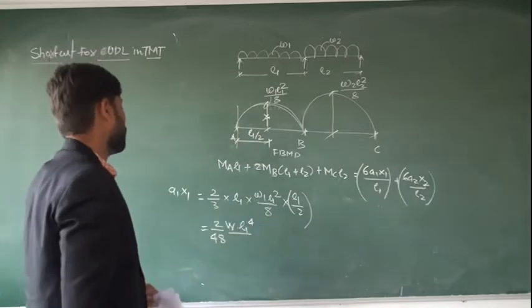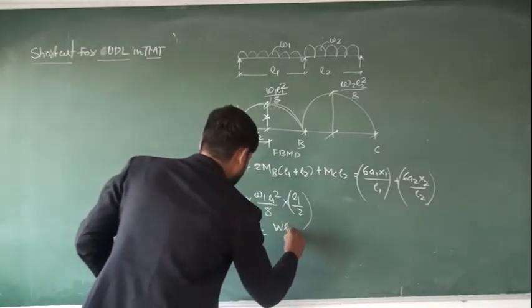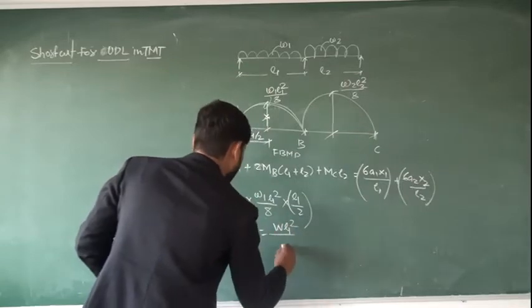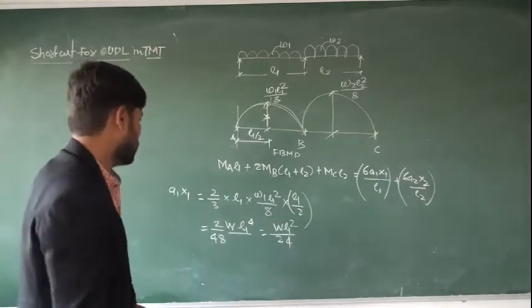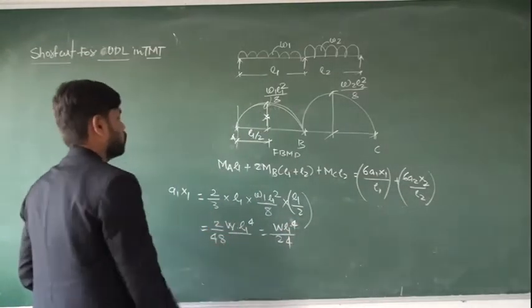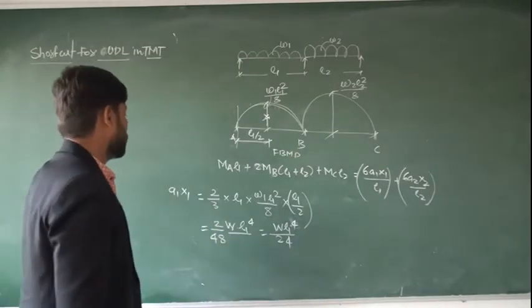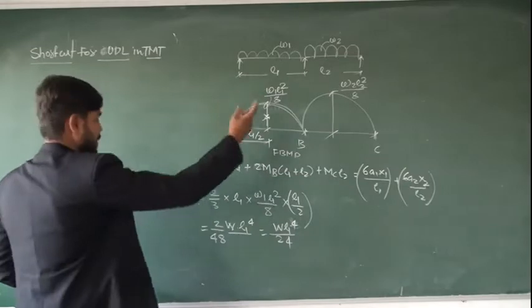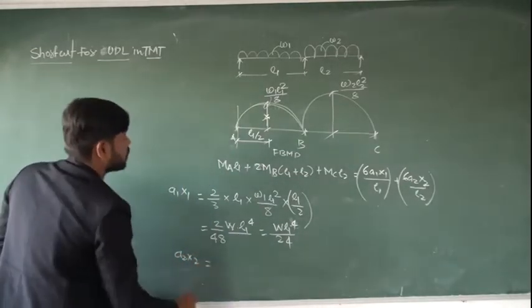So a1x1, if you solve this, will be W1 L1 raised to 4 divided by 48. Similarly, we calculate for the second case.